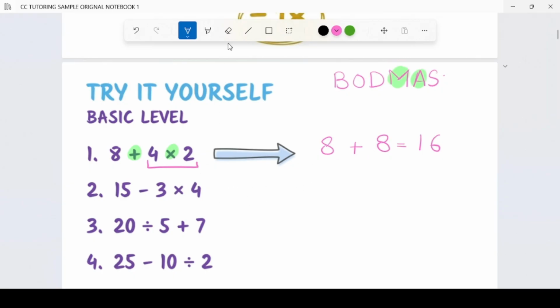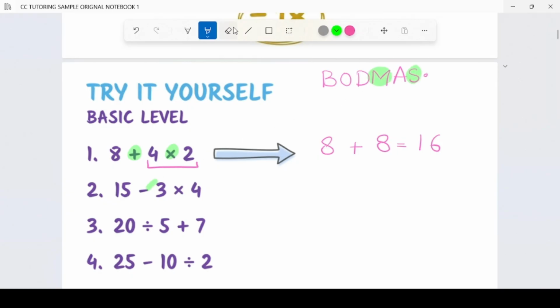We'll solve another question. Let me erase this, and I'll write BODMAS. Now in this case, if you have a look, multiplication comes first. There is multiplication and there is subtraction.